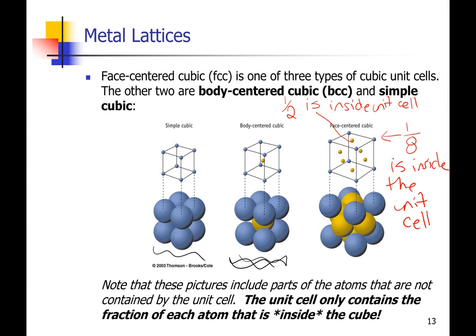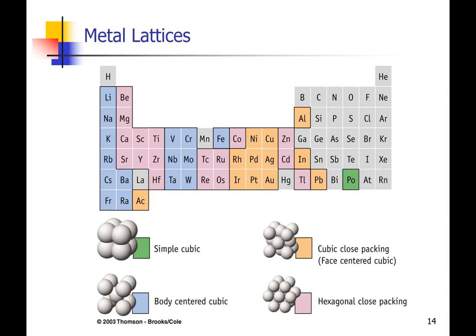And so here is the periodic table of stuff for you to not memorize, simply showing you that there are a lot of elements that default to face-centered cubic or cubic closest packing arrangements, all those ones in orange. There are a lot of metals that default to hexagonal closest packing, all those elements in pink.